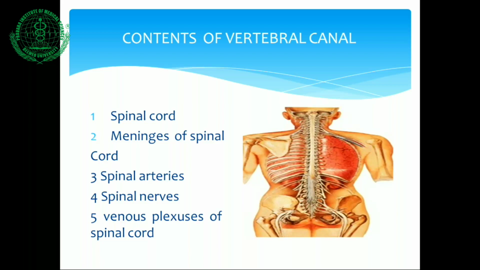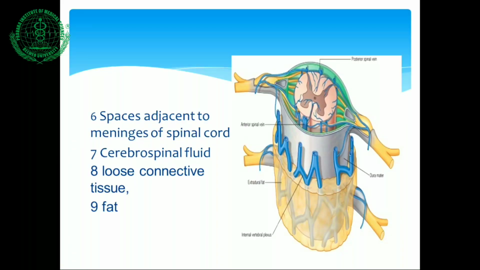The structures which pass through the vertebral canal are spinal cord, meninges or coverings of the spinal cord, arteries which lie adjacent to the spinal cord, venous channels which form the venous plexus adjacent to the spinal cord, a pair of spinal nerves on either side of the spinal cord, then spaces which lie adjacent to the membranes or coverings of the spinal cord, cerebrospinal fluid, fat and loose connective tissue.